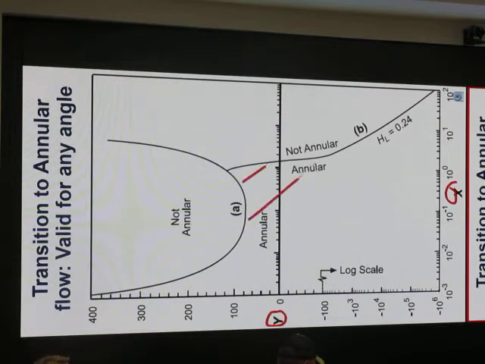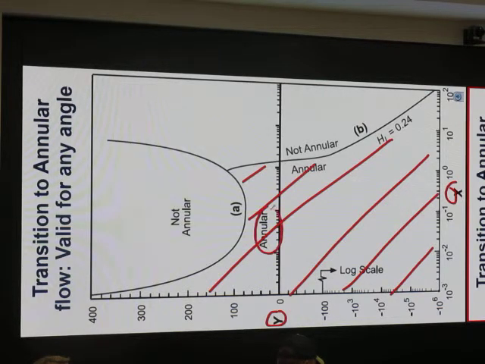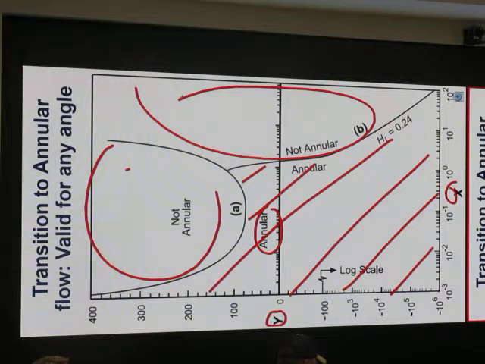If it is in this region, okay, this is annular flow. If it is outside, over here or over there, it's not annular flow. This is a quick check to see if we should have annular flow inside the well or not.